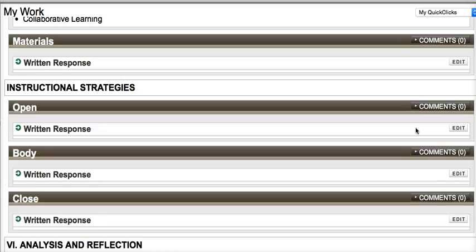The open is tapping into what the child may or may not know about a particular subject matter and getting the brain ready to take on this new information to make sense of it. In this case, if the kids read the story on Mickey Mouse the day before, then you could open this with, let's have a quick review of the story that we read yesterday about Mickey Mouse.